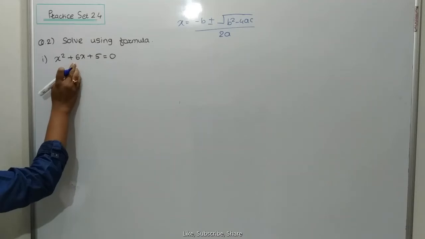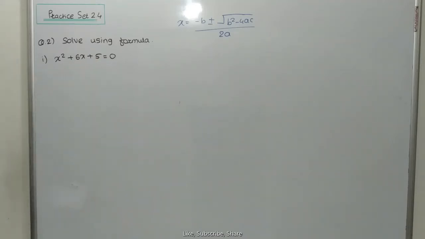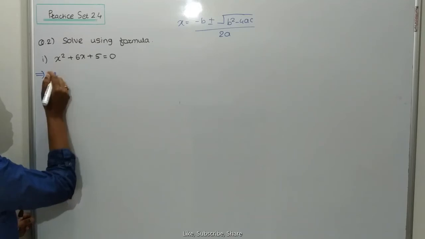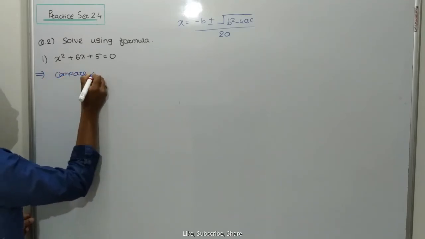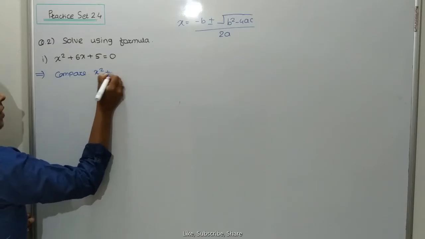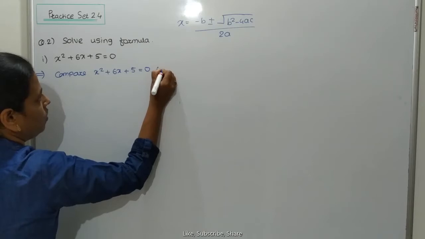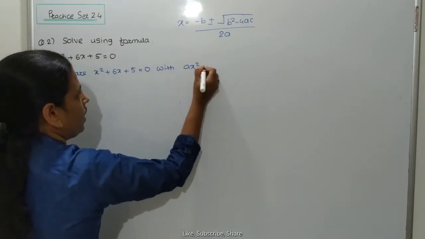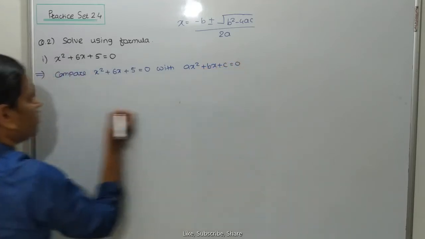So what is your first question? That is x square plus 6x plus 5 is equal to 0. So we have to solve this quadratic equation with the help of formula. Okay. So first of all, what is the first step? First of all, compare this equation x square plus 6x plus 5 is equal to 0 with ax square plus bx plus c is equal to 0.